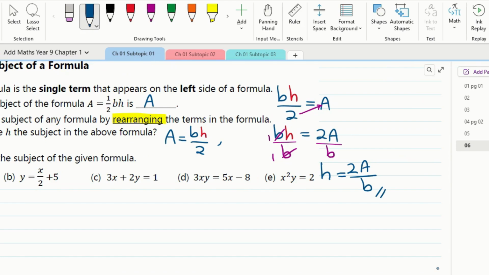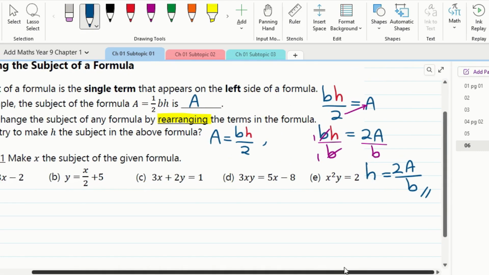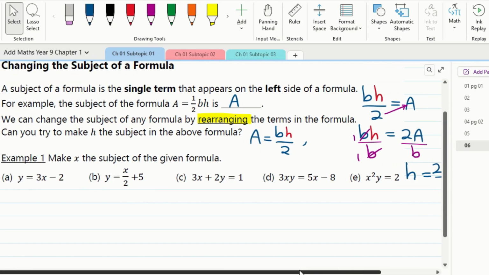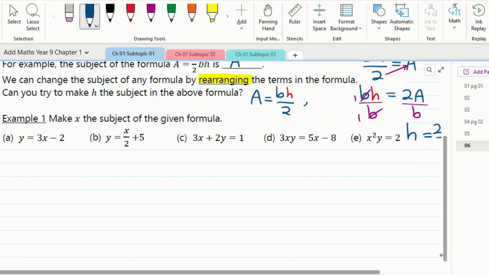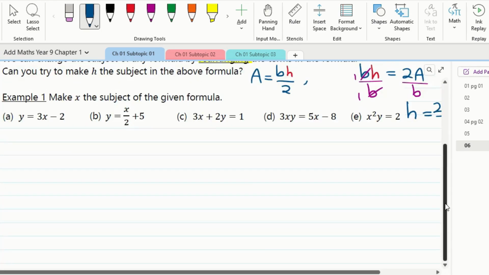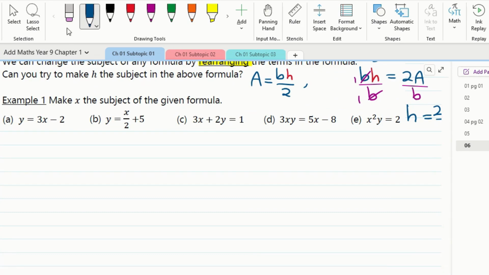So you can actually change the subject of any formula that you want as long as you have the correct steps to do it. So let's dive into the examples. For all of the parts here, the instruction is to make x the subject of the given formula.